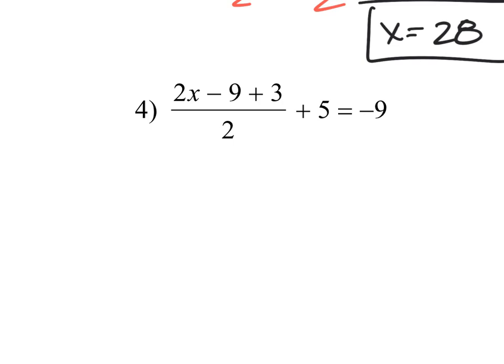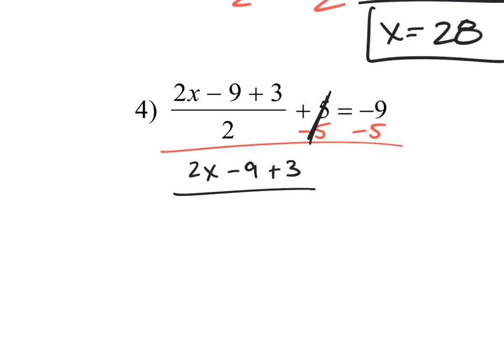So, number 4 is very similar. We're going to hop right in and work it out. Looking at number 4, before I can get the fraction by itself, I got to get rid of that adding 5. How do you undo adding 5? You subtract 5. You guys are getting it. So 2x minus 9 plus 3 divided by 2 now equals negative 14.